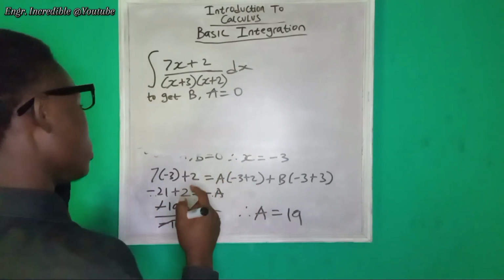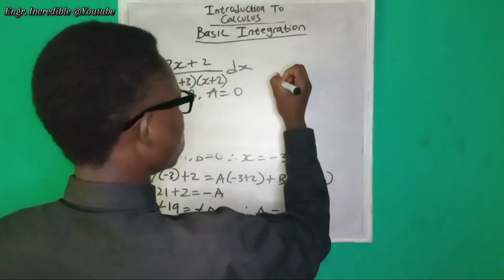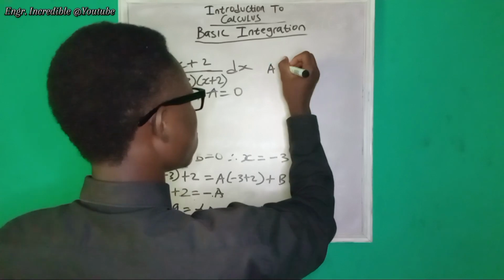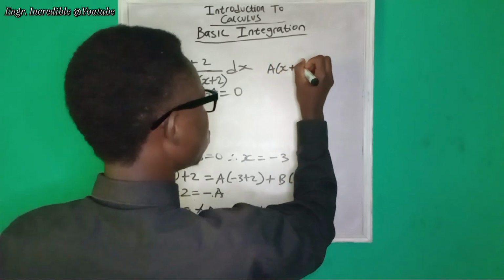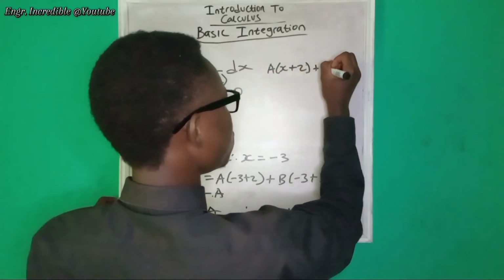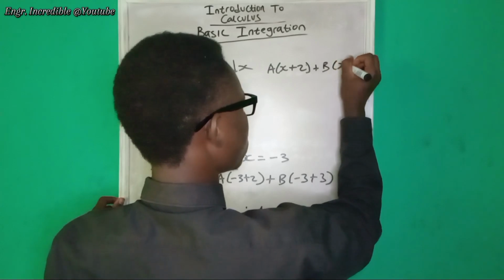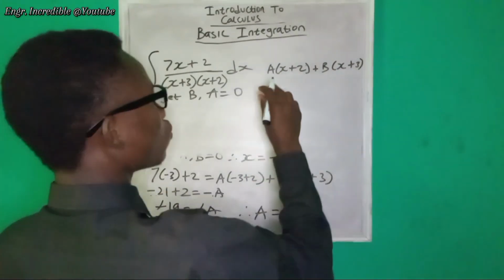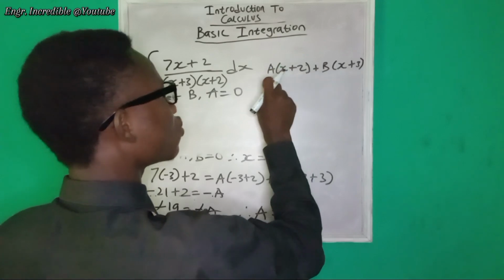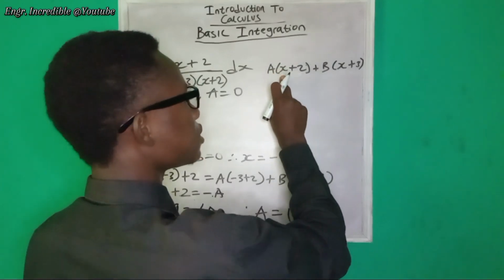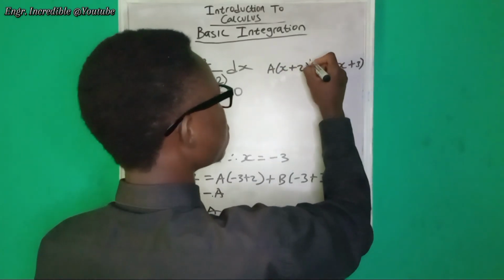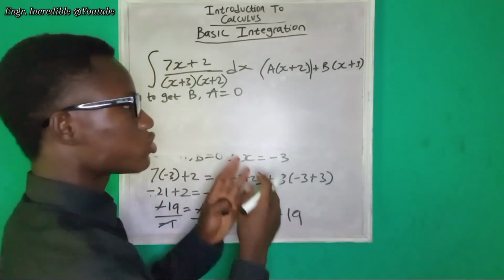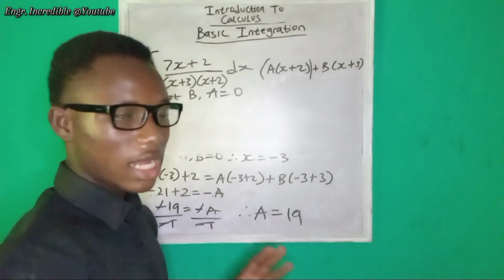Let me write the equation now. The equation is A(x + 2) plus B(x + 3), which was the main equation here before I cleaned it. So in order to make A equal to 0, this whole place here must be equal to 0, so that B would be able to stand alone.